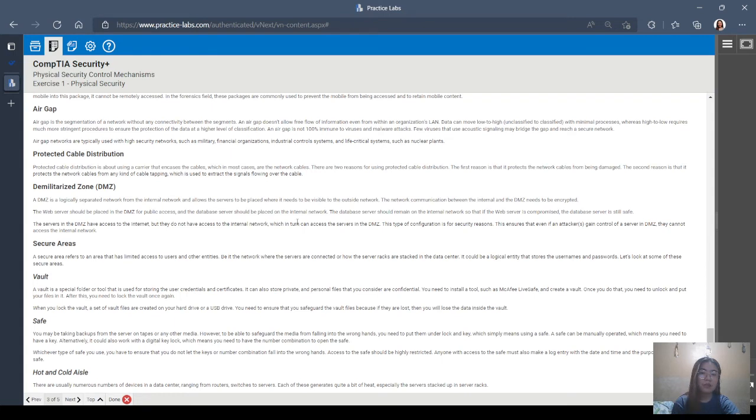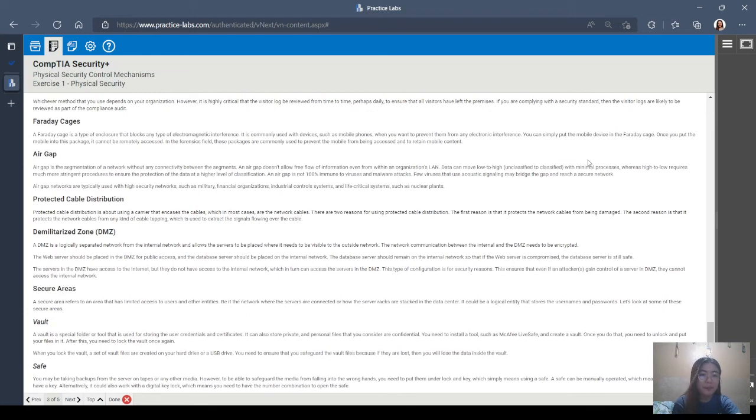Data can move low to high with minimal processes, whereas high to low requires a much more stringent procedure to ensure the protection of the data at a higher level of classification.